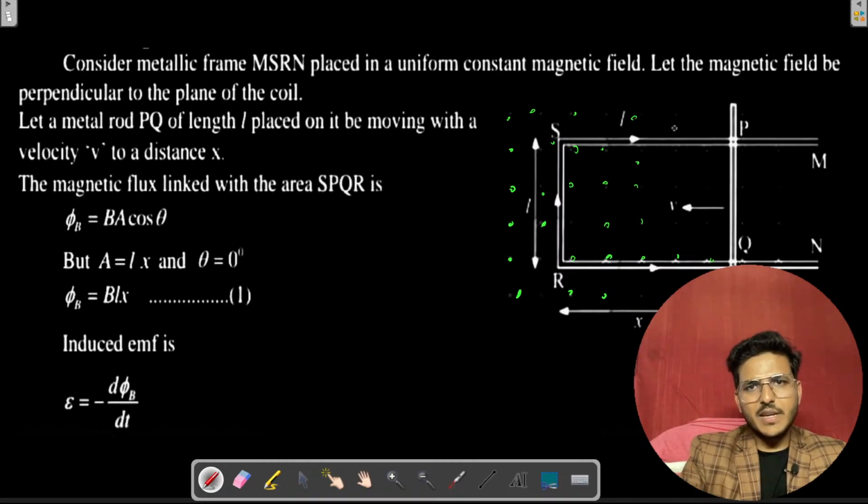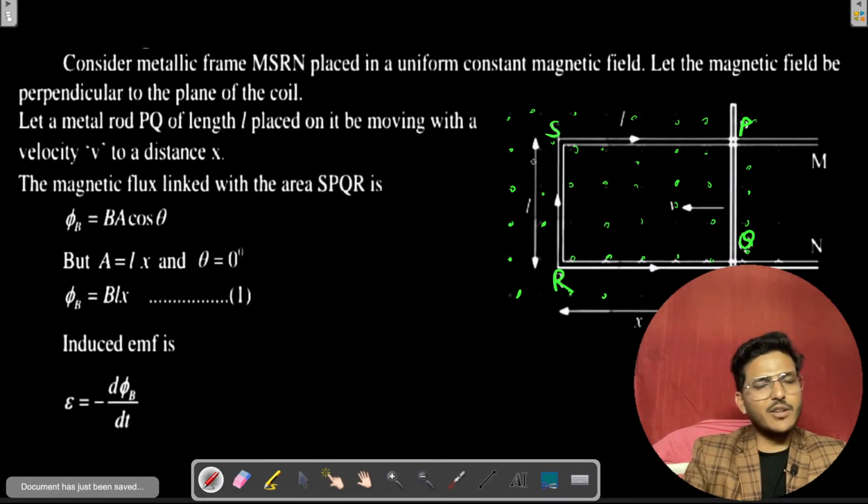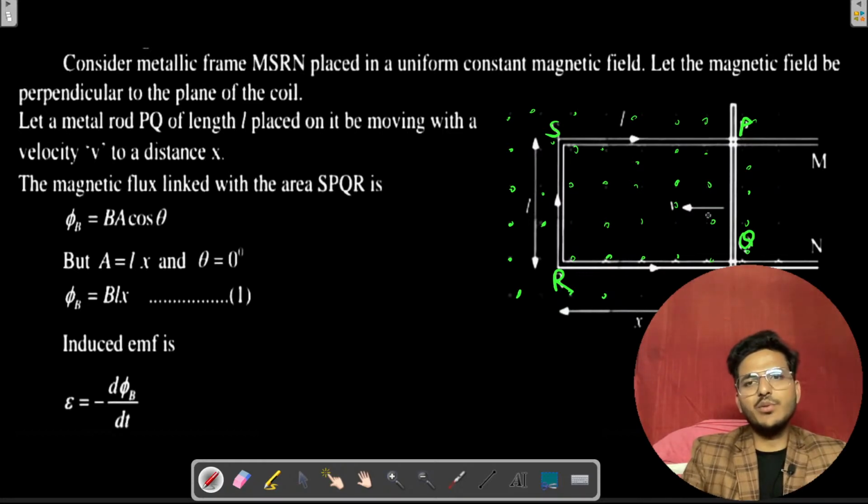Now I'm drawing a rectangular conductor along with a movable arm. And which one is the movable arm? The movable arm is basically this PQ. PQ is the movable arm. PQRS is the loop, where the movable arm PQ is moving with velocity v inside.